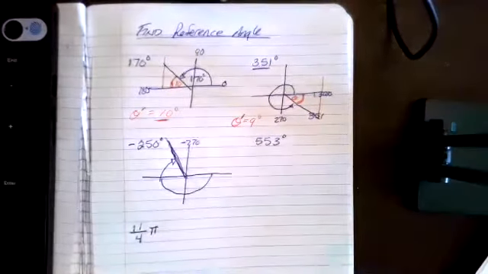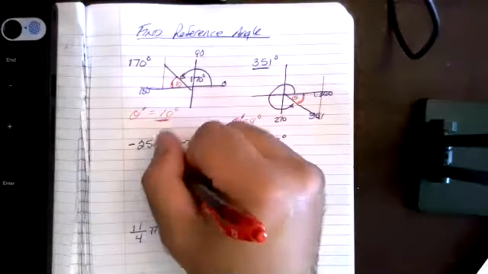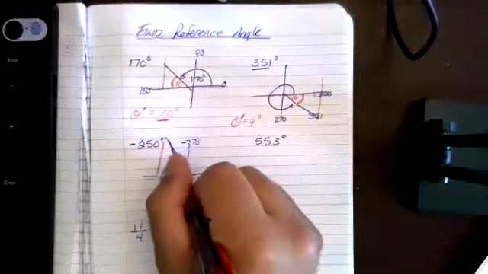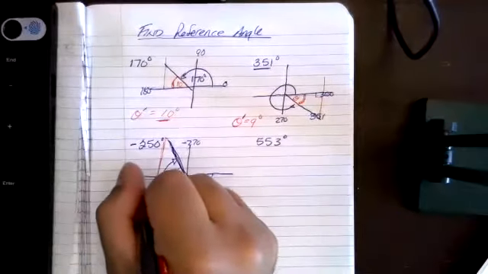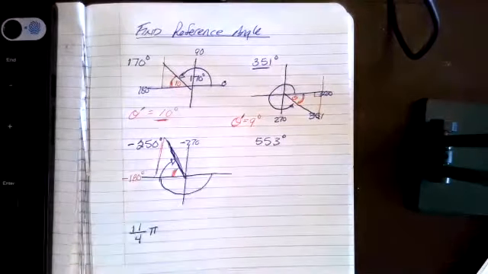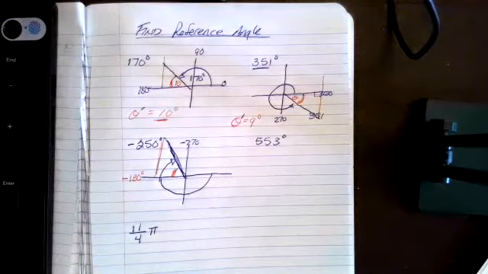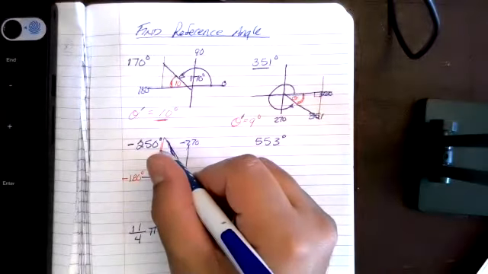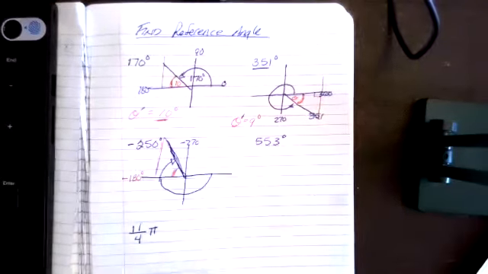So when I make my reference triangle, the angle is between negative 180 and negative 250. So I believe that's 70 degrees, right? From negative 180 to negative 250 is 70 degrees.